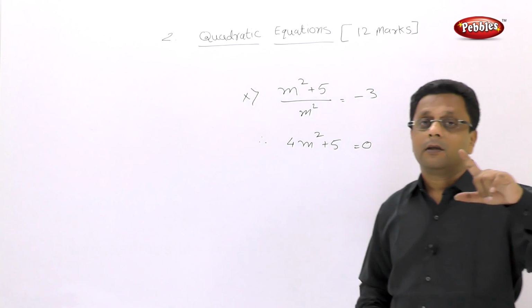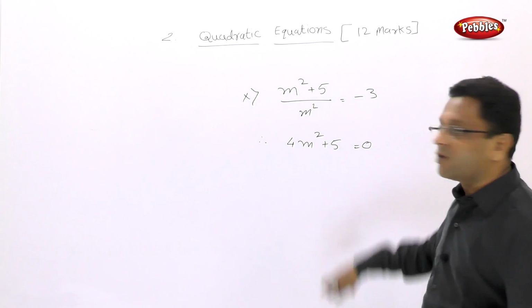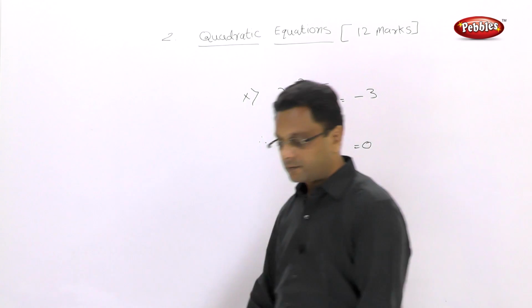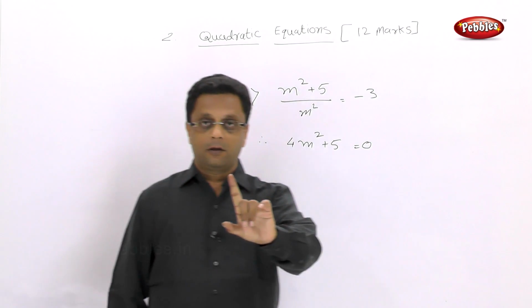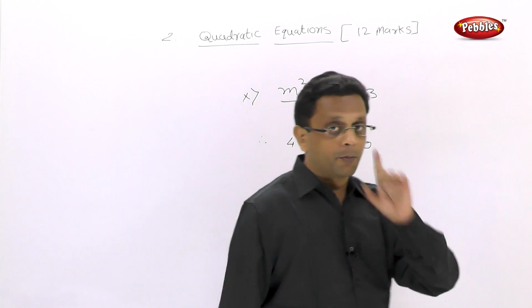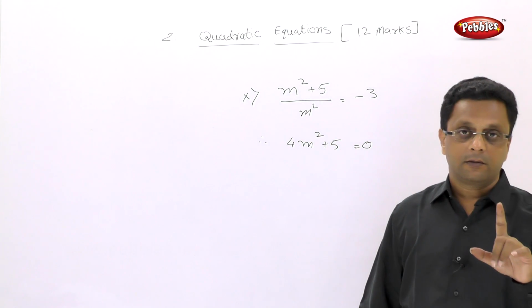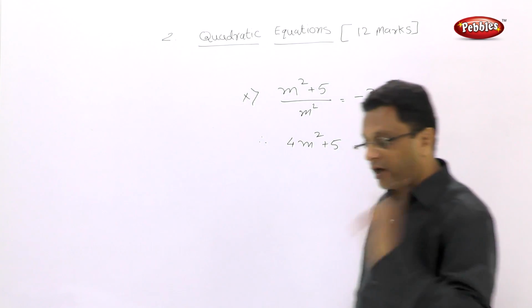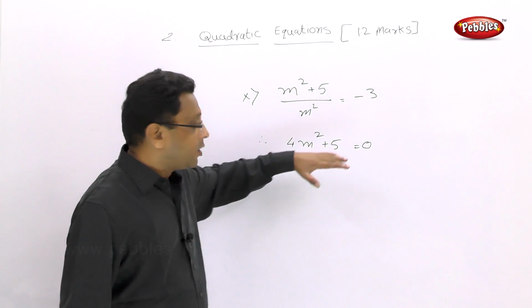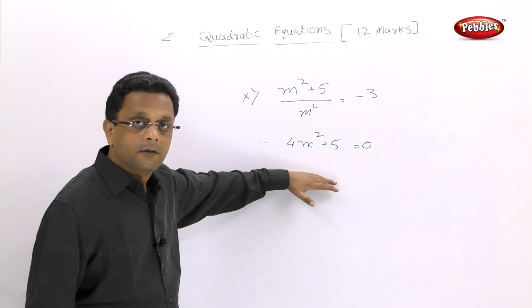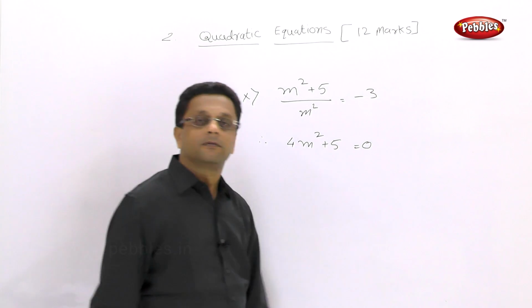But as an answer to this question, this is wrong. And you will lose your half mark because you have not written the proper answer. They are asked to write the quadratic equation in the standard form, and what we have written is simple form.